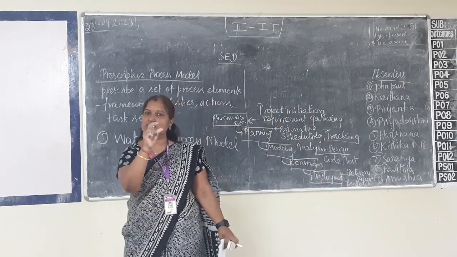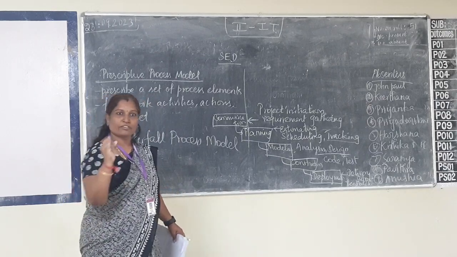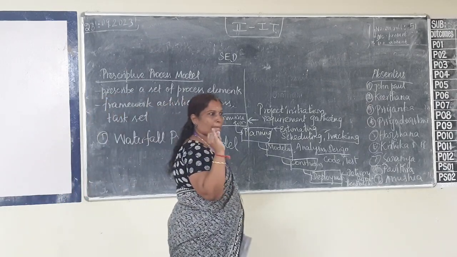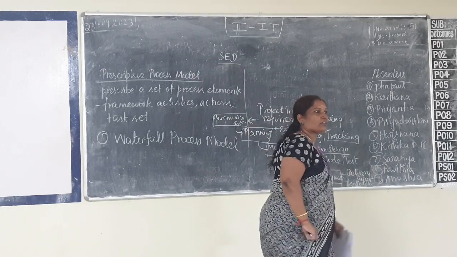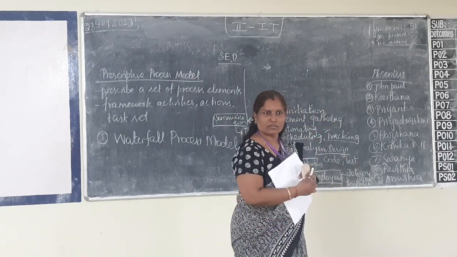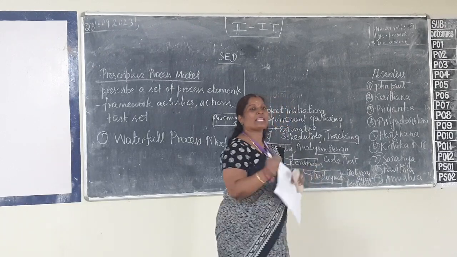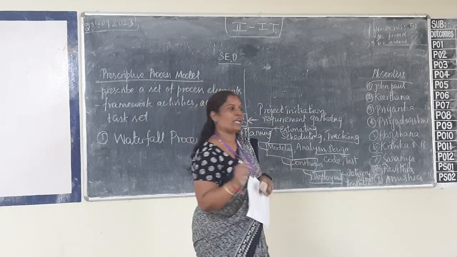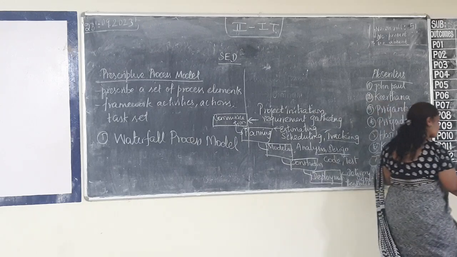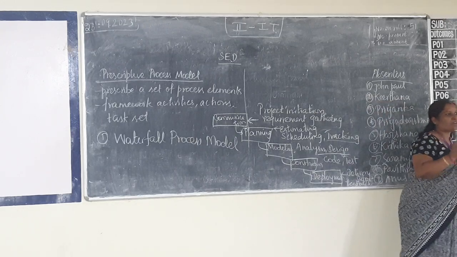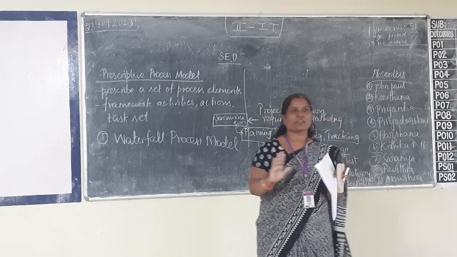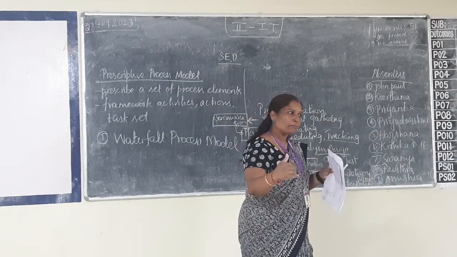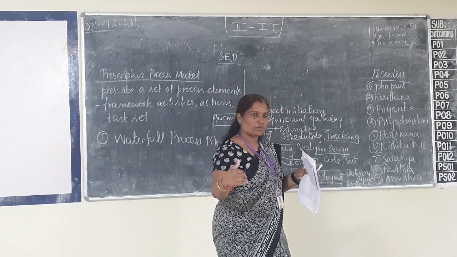Last class we discussed the process flow models. The very first model is the linear process model. So what is the linear process model? One after the other. First communication has to be completed, only then you move on to planning, only then you move on to the next step.